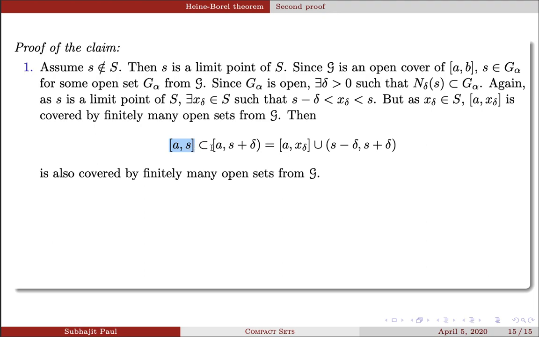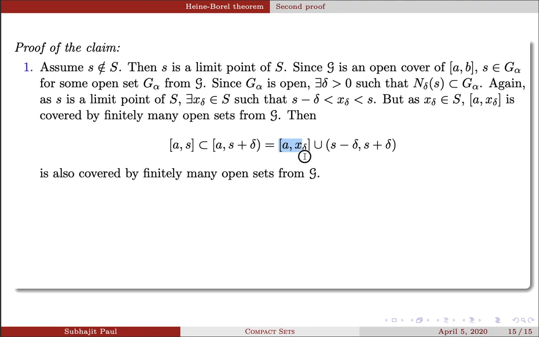Now definitely this is inside the interval [A, s plus delta), closed at A, open at s plus delta, because here we are starting at A and finishing at s, and here we are going till s plus delta. Obviously delta is positive, so s plus delta is bigger than s. So this interval [A,s] is inside [A, s plus delta). Now what is [A, s plus delta)?